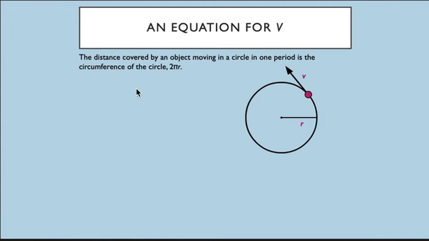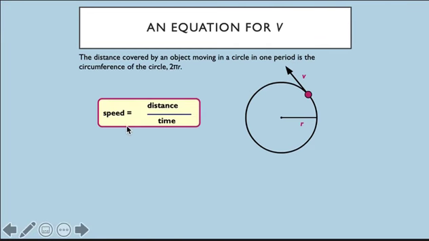So we know that the distance covered by an object moving in a circle in one period is the circumference of the circle, 2 pi r. One period, remember, is the time it would take to go around one circle.